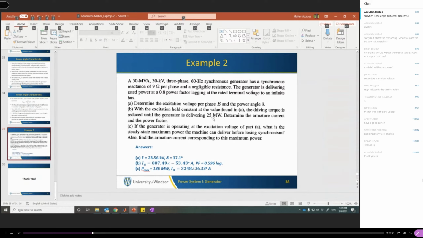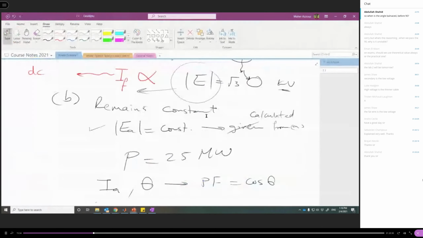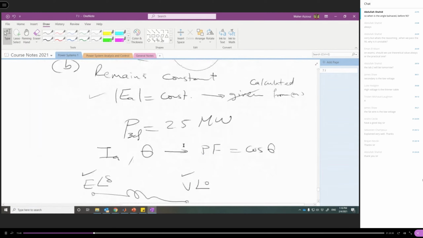Previously the power delivered to the infinite bus was higher than 25, but we reduced the driving torque until the generator is delivering 25 megawatt. So the new three-phase power is 25 megawatt.